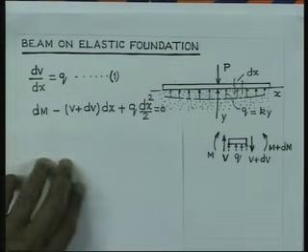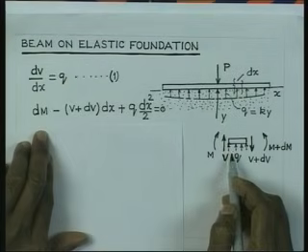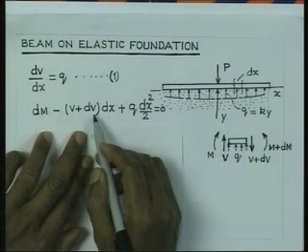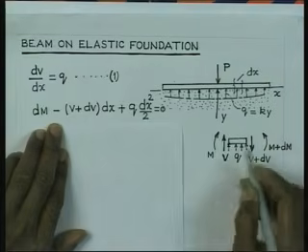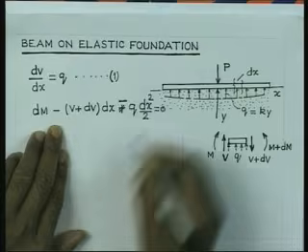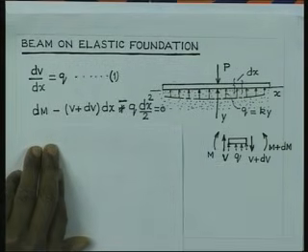So, therefore, we can write dM and then it is (V plus dV) into dx. So, it is in the opposite direction, and then we also have, I am sorry, this should be negative. So, this is minus q dx square by 2. So, that is the equilibrium equation in terms of moment.